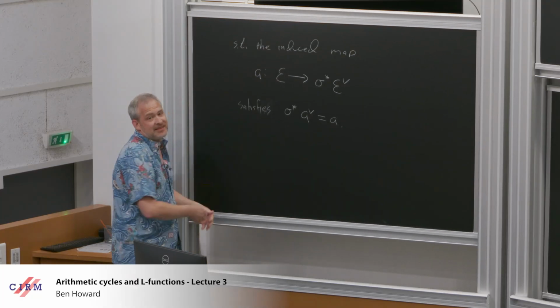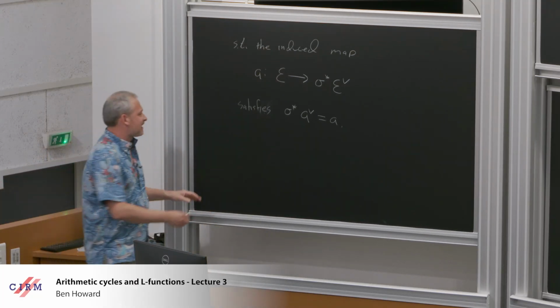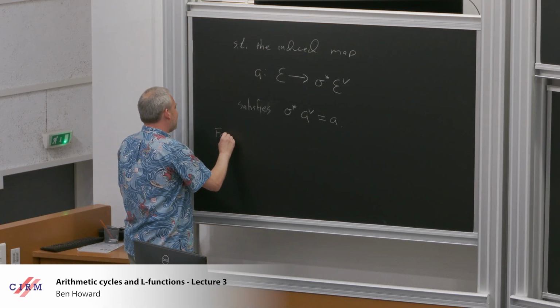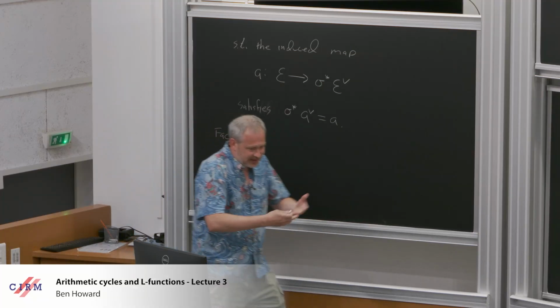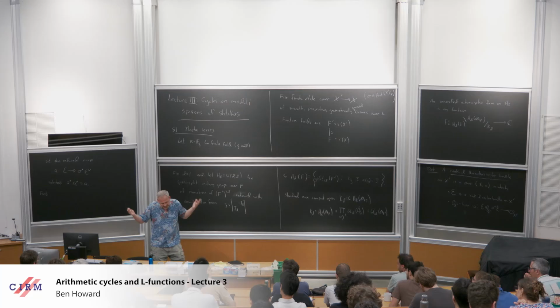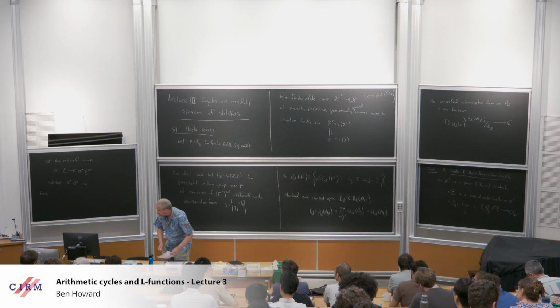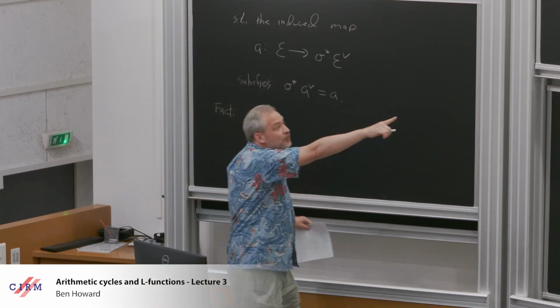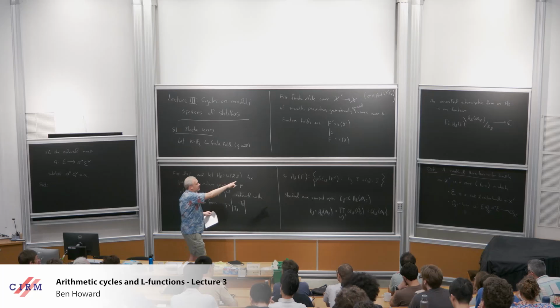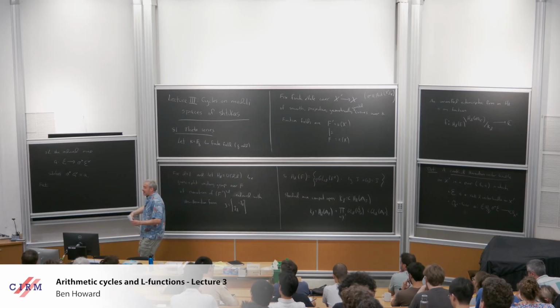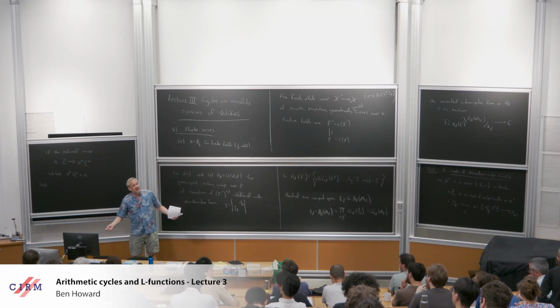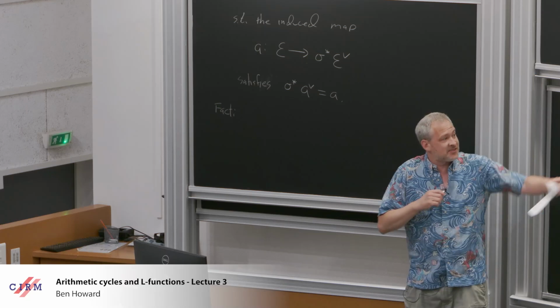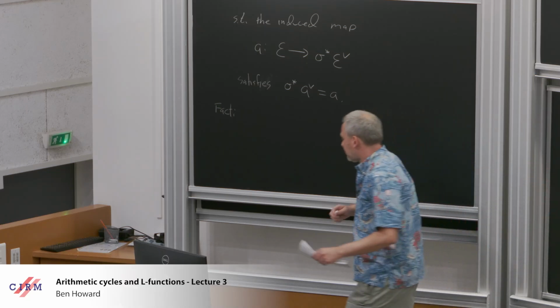And now I'm going to just ask you to believe on faith a fact that I'm not going to explain, because it's not hard, but I would write down a bunch of formulas and you'd say, okay. But fact, for an unramified automorphic form, it has a Fourier expansion, and the Fourier coefficients are indexed by these pairs EA.